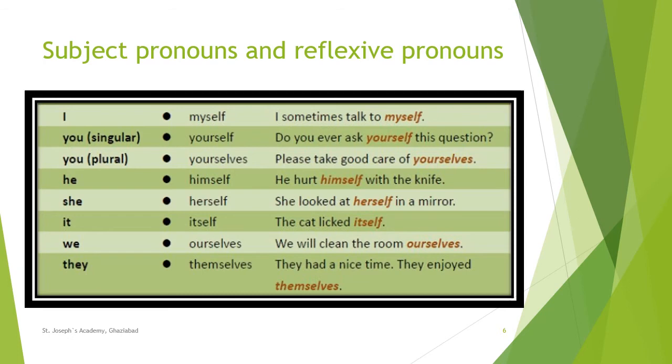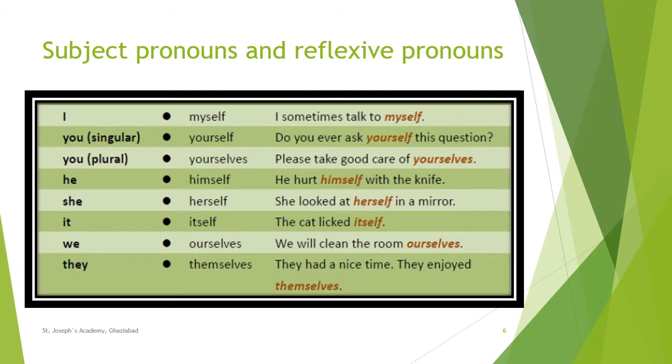If the subject is it, then the reflexive pronoun will be itself. The cat licked itself. If the subject is we, then the reflexive pronoun will be ourselves. We will clean the room ourselves.